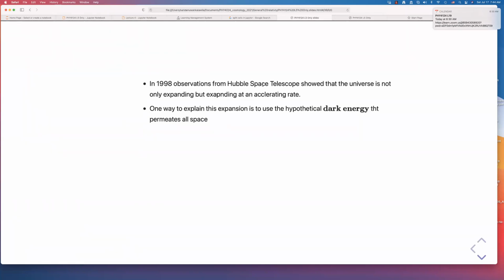Right. So now you have dark energy, and if you remember, we have talked about something called dark matter before, right?